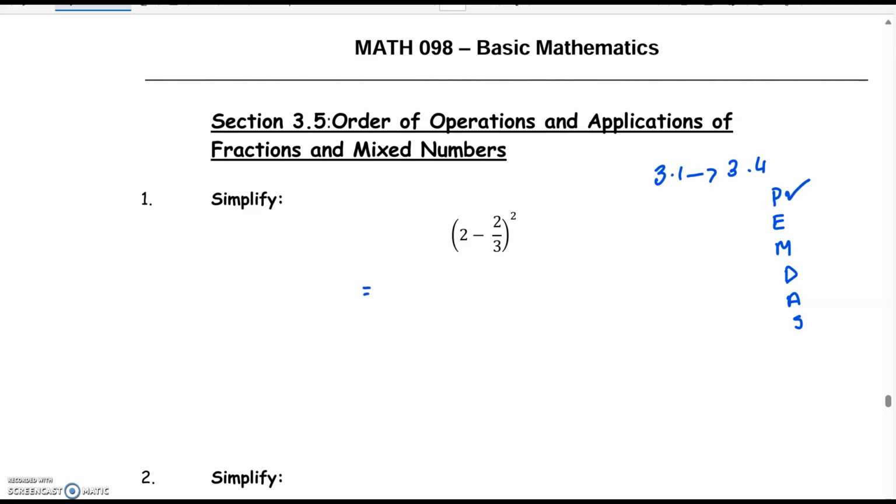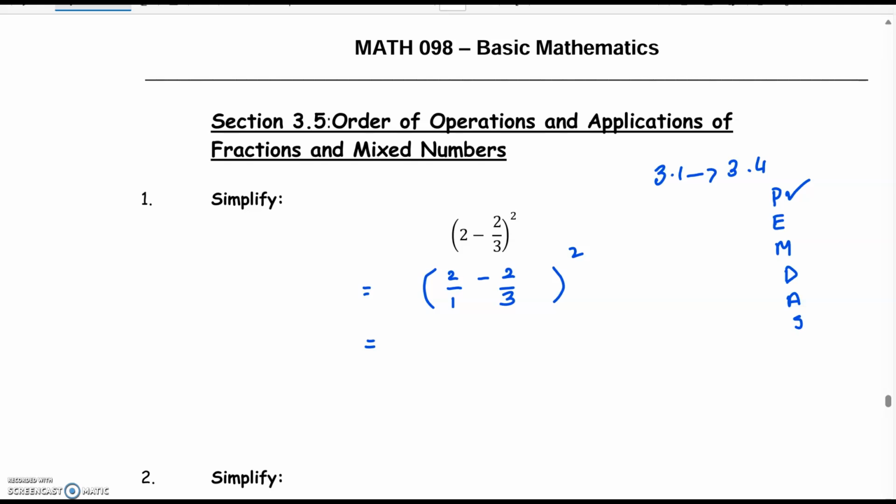So parentheses first. What's in parentheses we have to deal with first. Now what exactly does that mean? 2 over 1 minus 2 over 3 has to be simplified until it is a single number, a whole number or a fraction in its lowest terms.